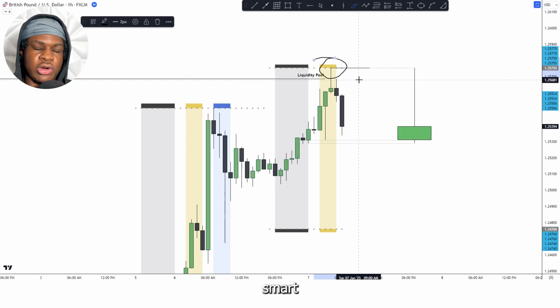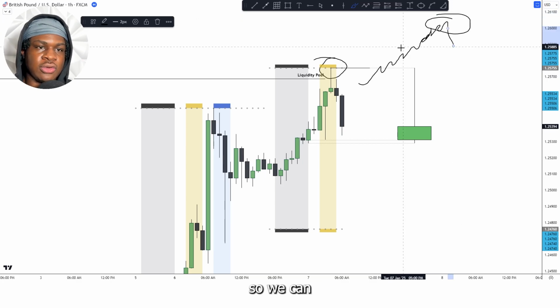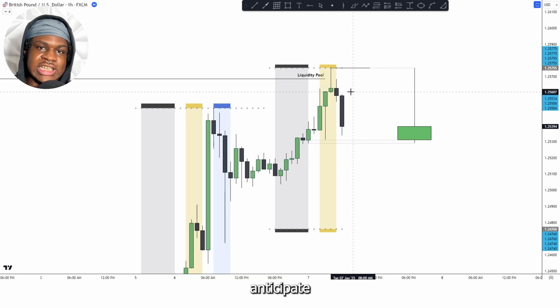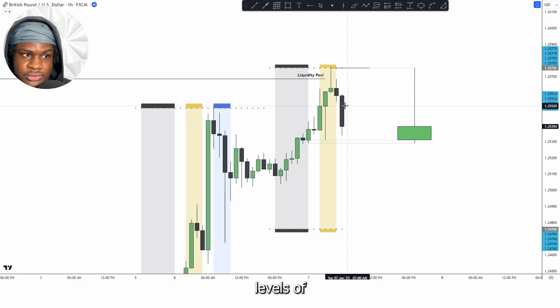This is a point where smart money was taking prices higher and higher, and it reached a point to where, okay, now it's time to start selling and taking some positions off. So we can utilize this as a strong high point. As price starts to break back below to lower prices, this is a strong high level, and we can now anticipate that distribution to then take form, and we can target opposing levels of liquidity.